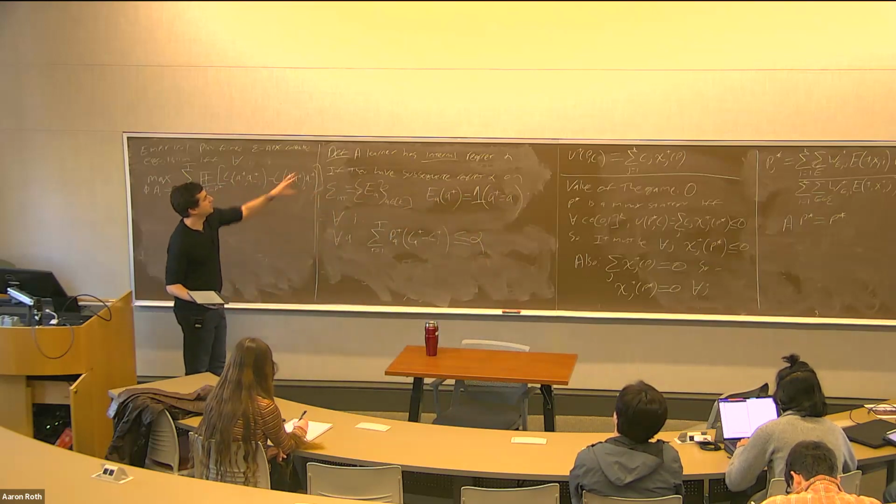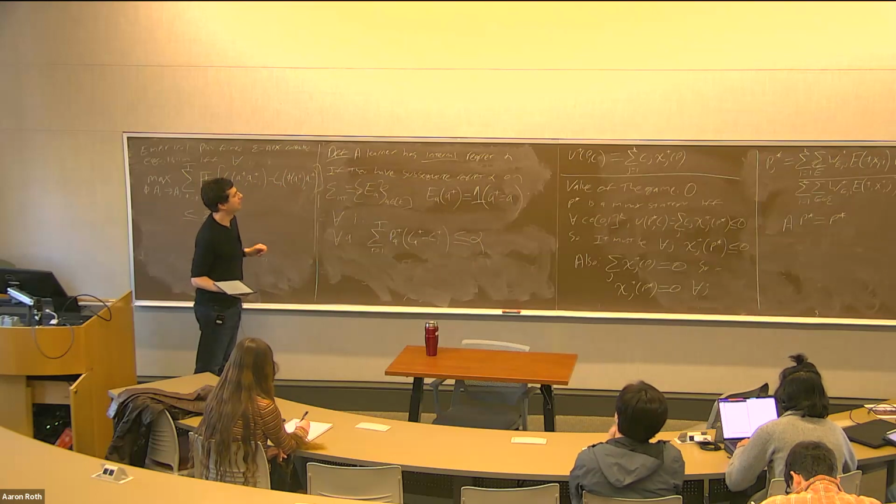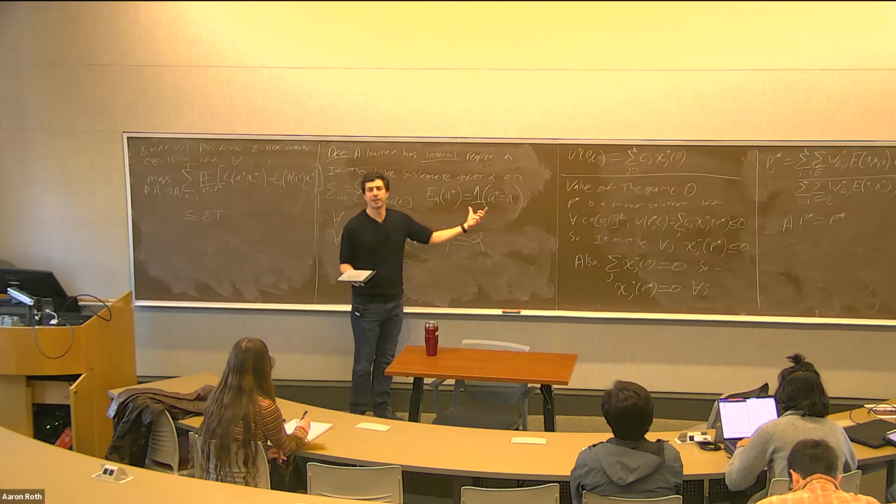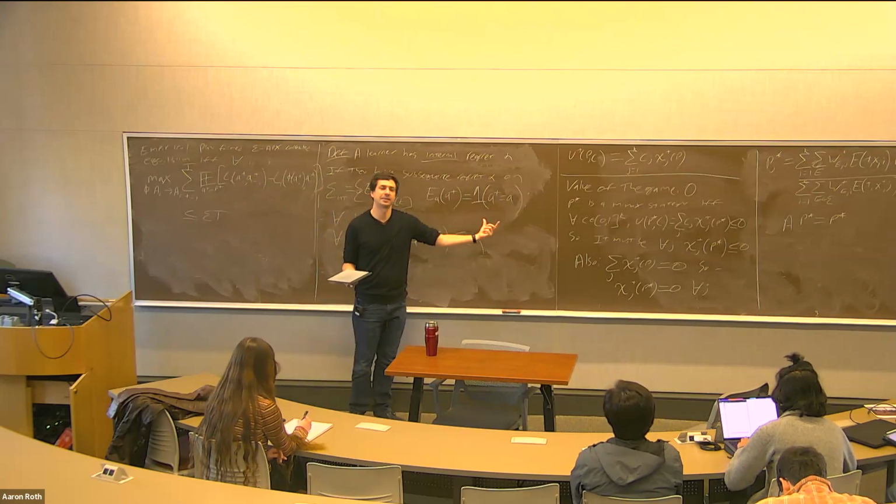So internal regret alpha just means we should have no regret on any of the subsequences for which we played action A, for any of our actions A.